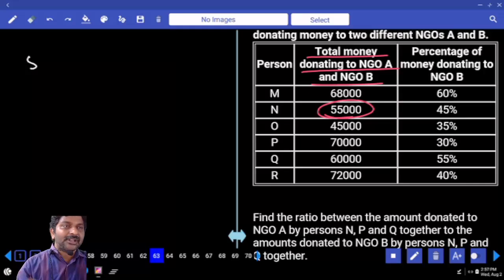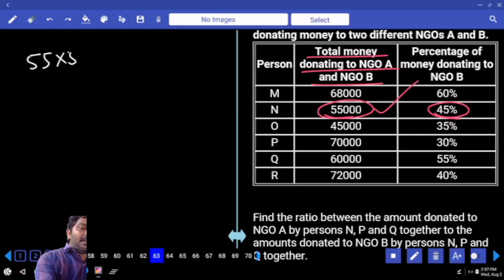So this is total. Out of this we have A and B values, correct? Now B occupies 45%. Then remaining 55% goes to A only. 55% calculated on this number only. So that is 55 into 1% value 550.